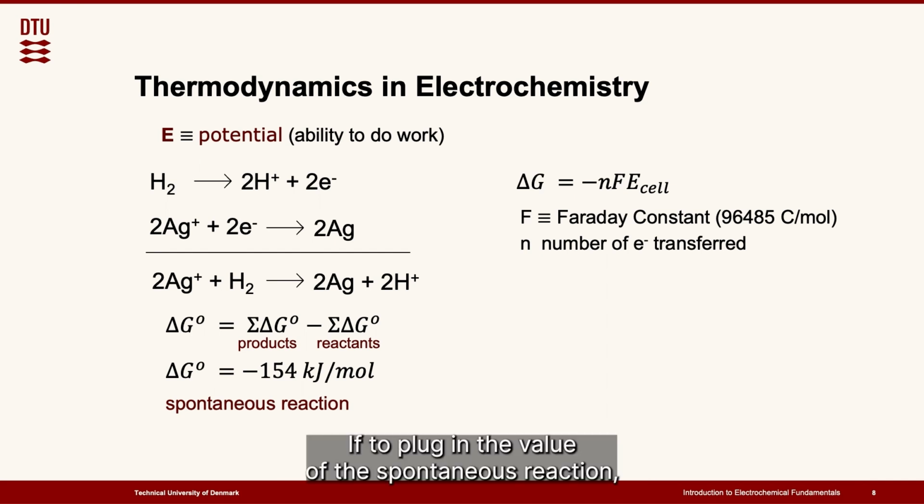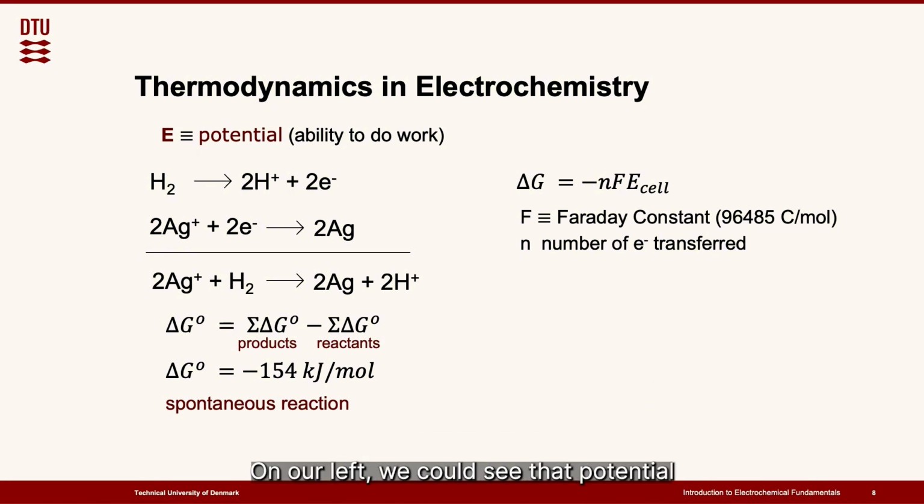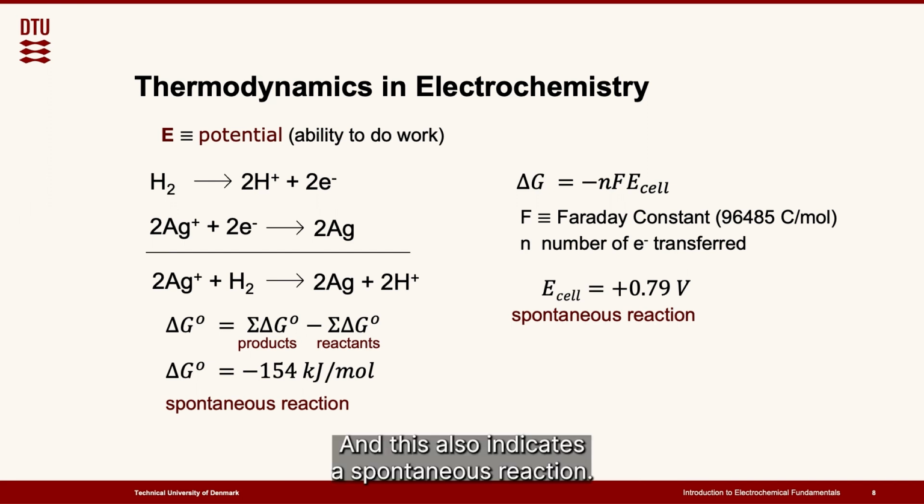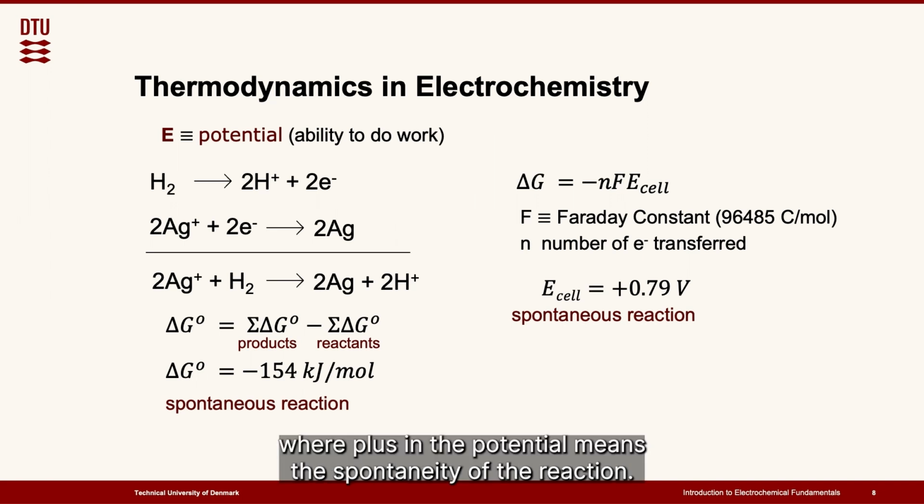If we plug in the value of the spontaneous reaction that we calculated with the free energy on our left, we can see that the potential of the cell equals positive 0.79 volts. This also indicates a spontaneous reaction. It's the opposite sign, where a plus in the potential means the spontaneity of the reaction.